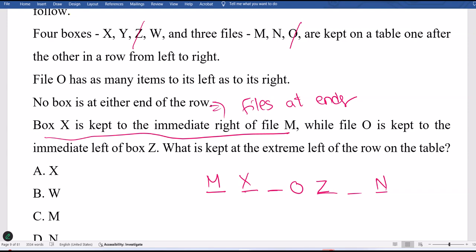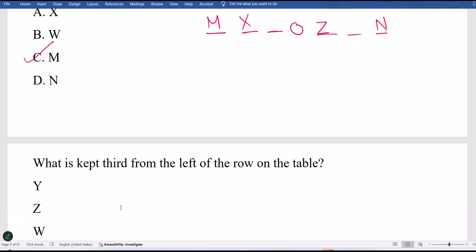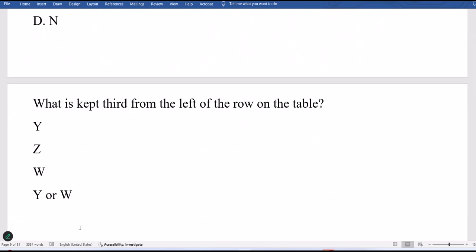Now what is the data still? Question is which is kept at the extreme left of the row: M. M is at the extreme left of the row. Third from the left of the row is either-or. We cannot decide which is third from the left of the row directly here because it's a dilemma. We can go for either-or.